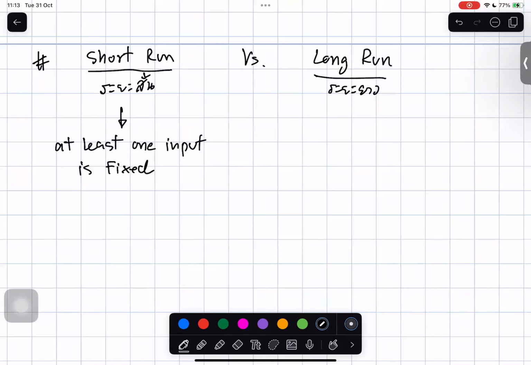So that means in the short run, the manager has some constraint. He cannot change at least one input that he used. About long run, all inputs used can be varied.